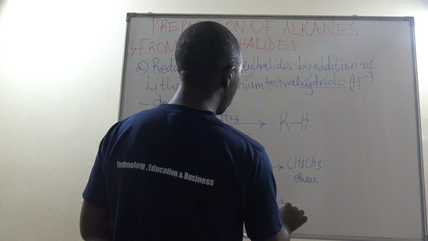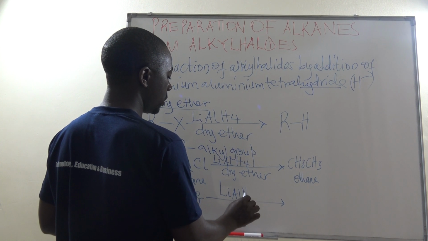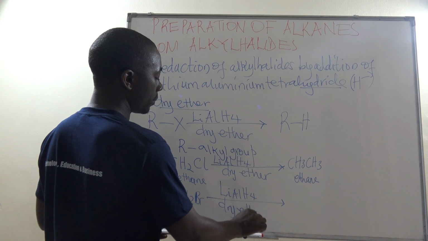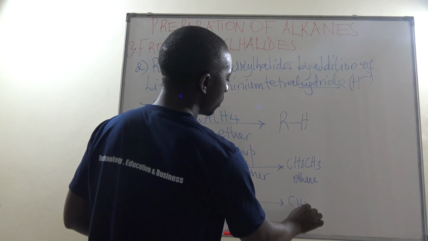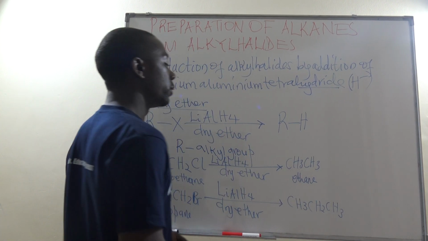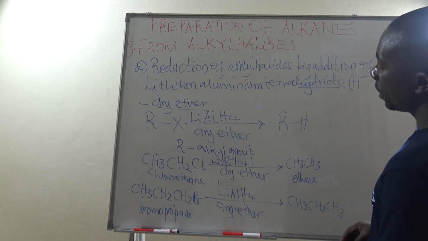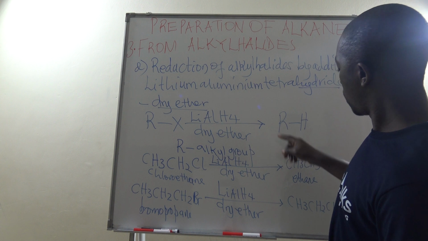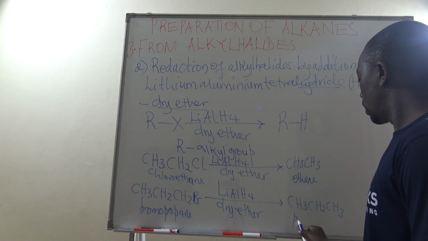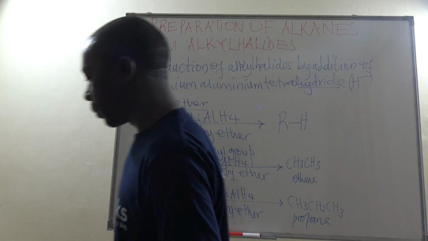If we reduce it using lithium aluminium tetrahydride in the presence of dry ether, we should be able to form an alkane. This was a method of preparing alkanes from alkyl halides, and this is propane.